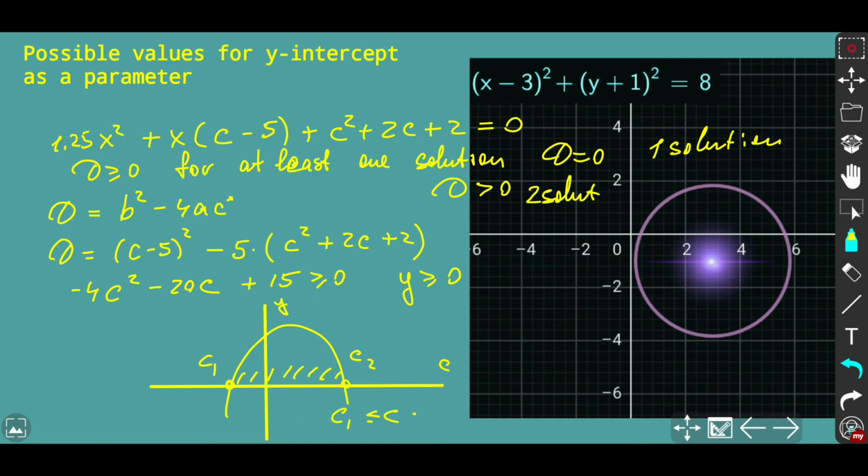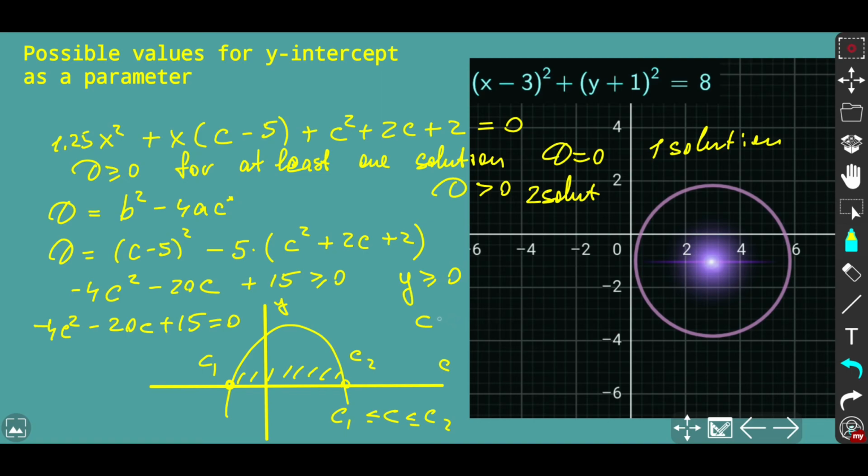And right now I'm going to use the same discriminant, just using a calculator. I'm actually tired of calculating manually. Okay, I'm going to find the c values when I simply equate that to 0. So 4c squared minus 20c plus 15. This is going to be a quadratic equation I'm going to solve with respect to c. Okay, so let's calculate.